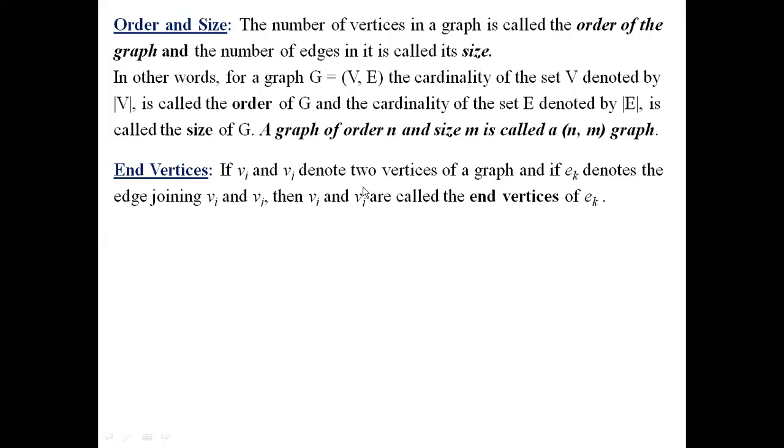Those vertices V1 and V2 are called the end vertices of the edge E. Example: here we can observe E1 is the edge joining two vertices A and B. So A and B are called the end vertices of the edge E1.